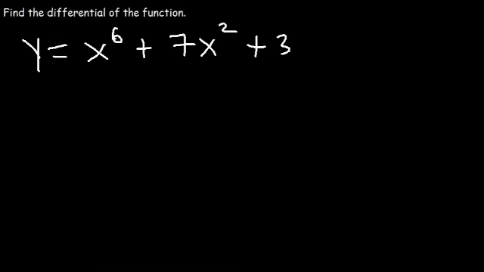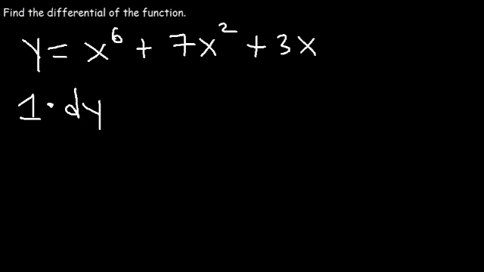Now let's work on some problems. So let's say we have the function y is equal to x to the 6 plus 7x squared plus 3x. Find the differential of the function. So the derivative of y is going to be 1 times dy.